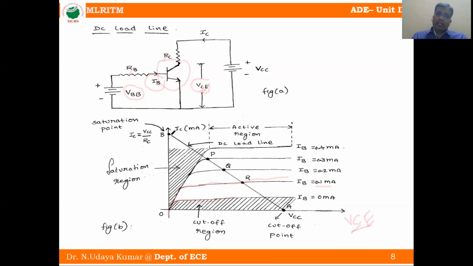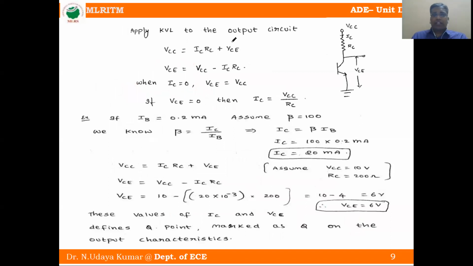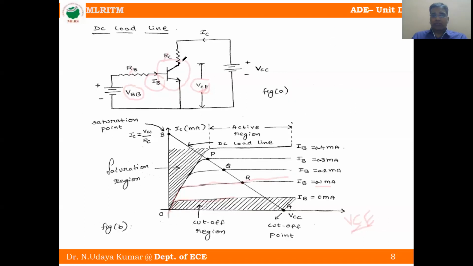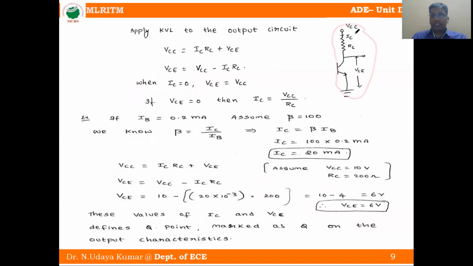So how to draw this DC load line across VCE versus IC? We will see here. By applying KVL to the output circuit, this is the output circuit. The output circuit means this is the VCC, RC, and this is the terminal voltage across.